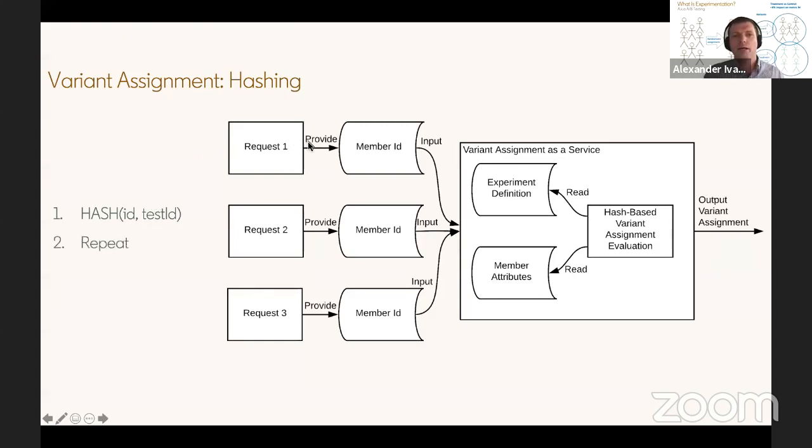And when a request comes in, we hash the member ID and the test ID, and we generate the variant assignment, and we don't have to store it anywhere because this function is deterministic and it's a pure function. So we can always reuse the results over and over again, and we don't store any intermediate information.